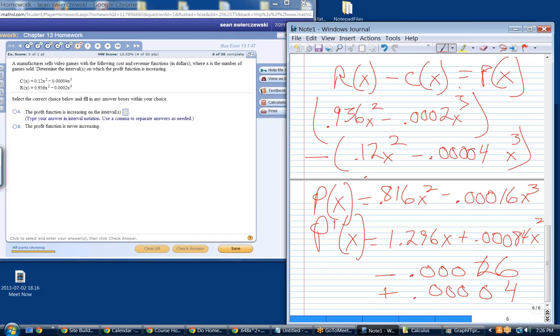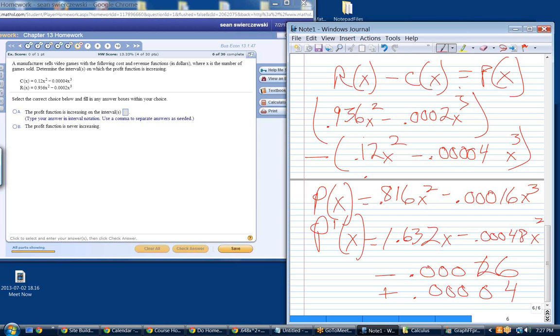So let's take the derivative. 1.632 minus 3 times 16 is 48 X squared.